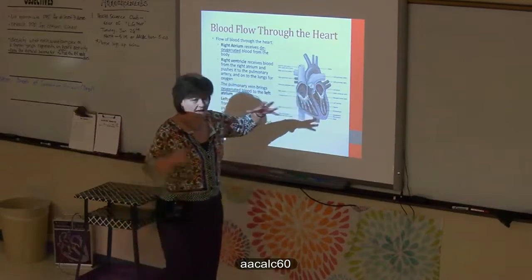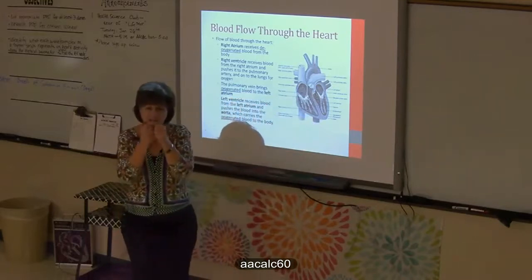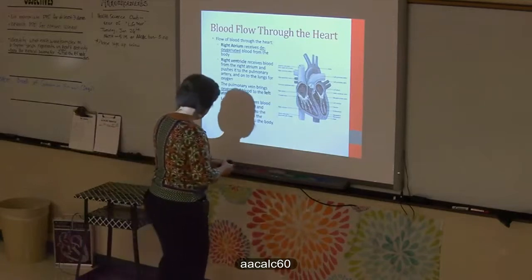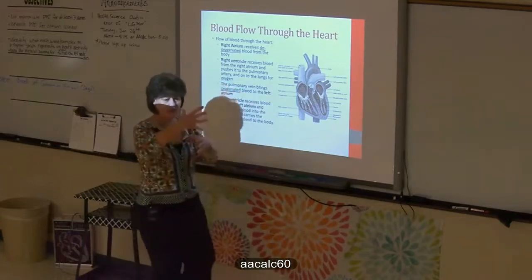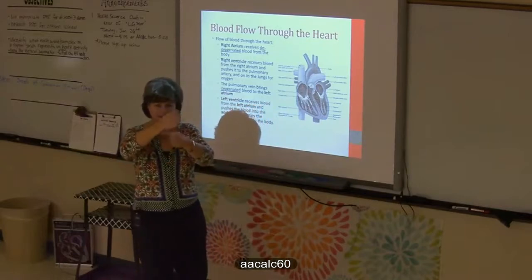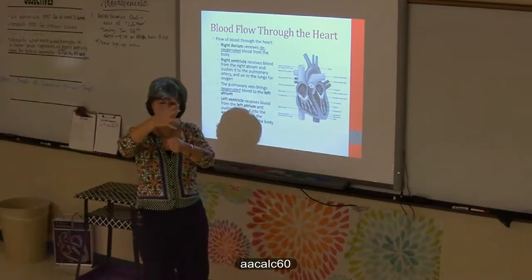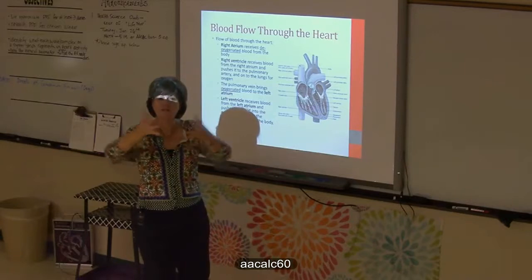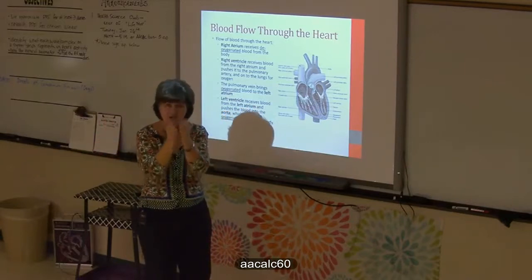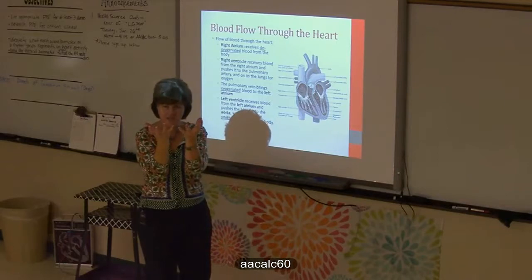So when the atria contract, it pushes blood downward into the ventricles. The atria contract together and then the ventricles contract. And then the atria contract and the ventricles contract. As the atria contract, the ventricles open so that they can receive the blood. Then the ventricles squish out the blood while the atria open to receive blood. And then they squeeze and it goes the other way.